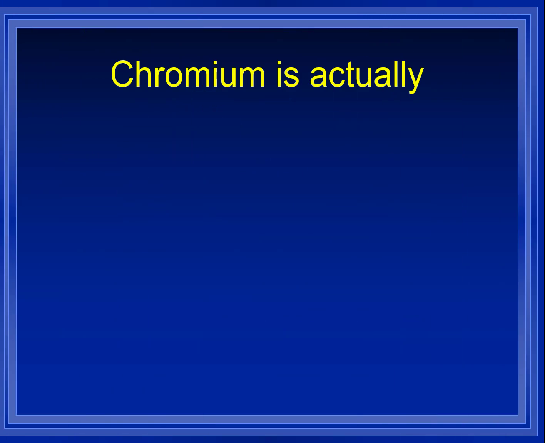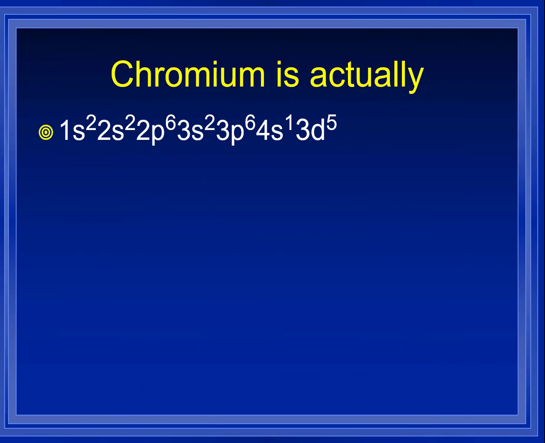When they look at the light that comes off, they can tell chromium is actually everything's the same up to 3p6, but then instead of 4s2, it's 4s1. And instead of 3d4, it's 3d5. Remember, the expected one was 4s2, 3d4.